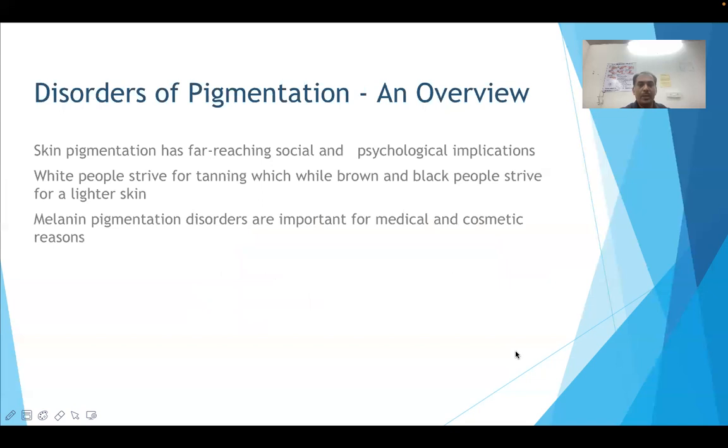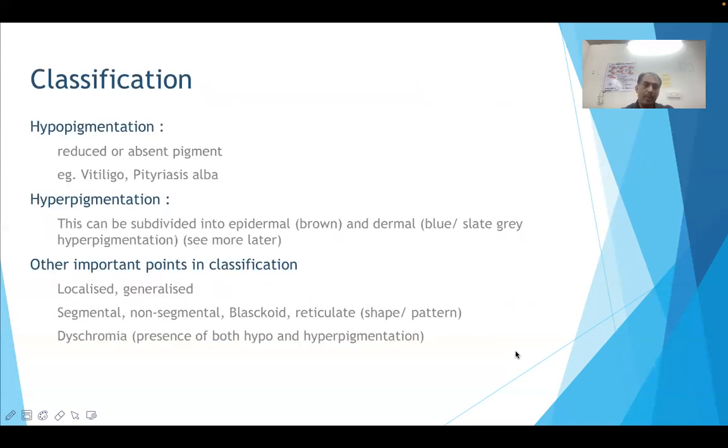Skin pigmentation has far-reaching social and psychological implications. White people strive for tanning, and brown and black people strive for a lighter skin. So melanin pigmentation disorders are important for medical and cosmetic reasons. We classify them into disorders of hypopigmentation, where there is reduced or absent pigment, such as vitiligo, pityriasis alba, etc., and the hyperpigmentation disorders, such as the epidermal pigmentation disorders and the dermal pigmentary disorders.